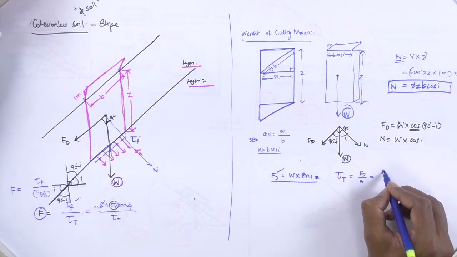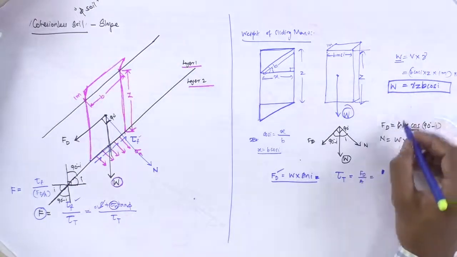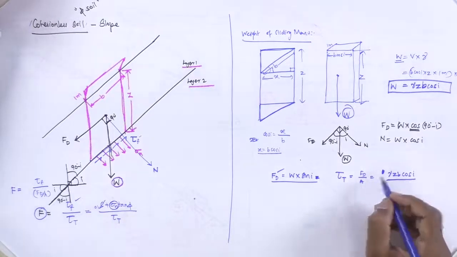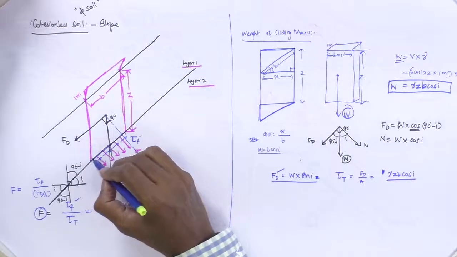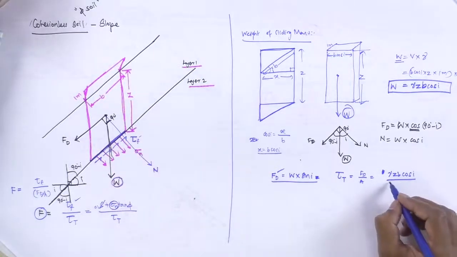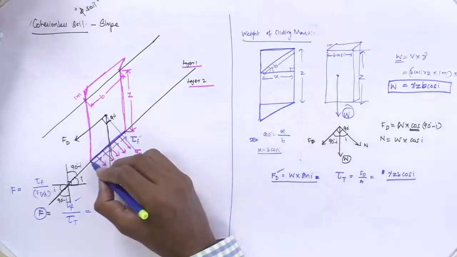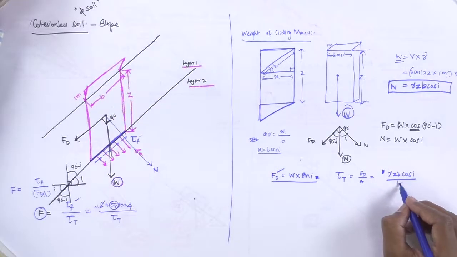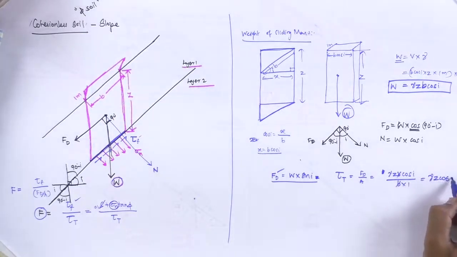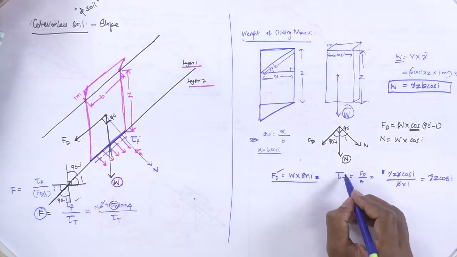So W is gamma z B cos I, divided by the plane area subjected to the stress, which is B into 1. So B gets cancelled.